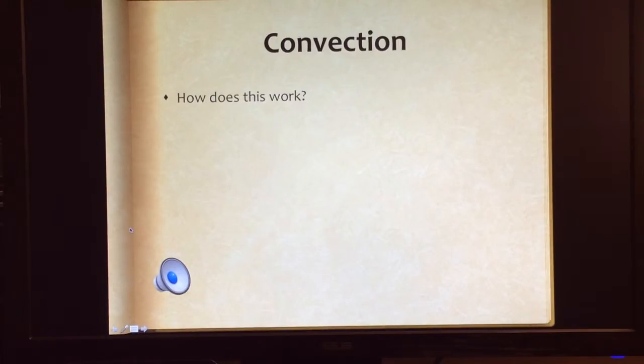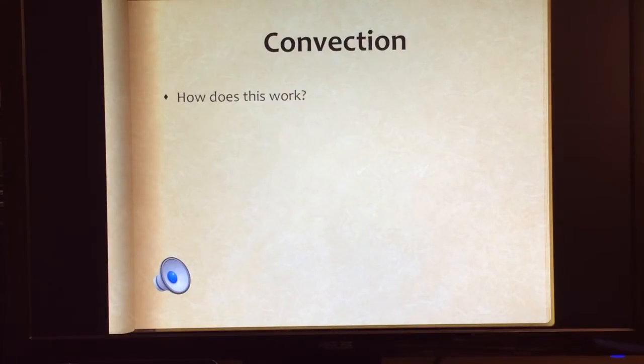So, our second question about convection is, how does it work? Well, when a liquid or a gas heats up, it becomes less dense because the molecules become excited and they aren't as compressed when they become excited. Once they reach a lower density due to the heat being applied, the heated molecules will begin to rise, such as air in our atmosphere.